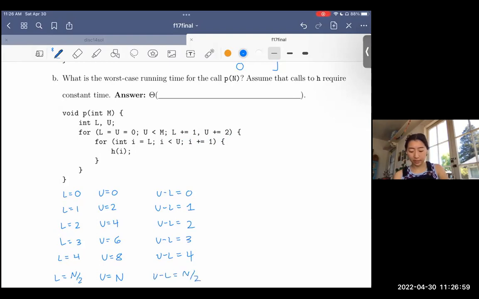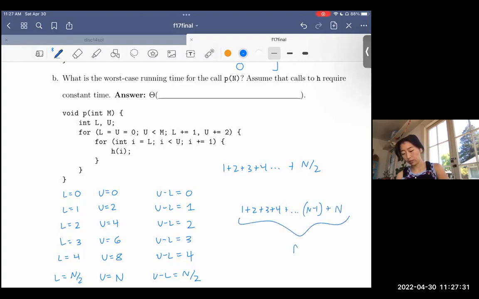And so this column right here represents all the work that we've been doing in the inner loop, or how many times H of I is getting evaluated. And we see it's approximately 1 plus 2 plus 3 plus 4 plus and so on, up to N over 2. And if you remember our special sums that we have been using a lot in this class, we recall that 1 plus 2 plus 3 plus 4 plus up to N minus 1 plus N is approximately N squared work, right?